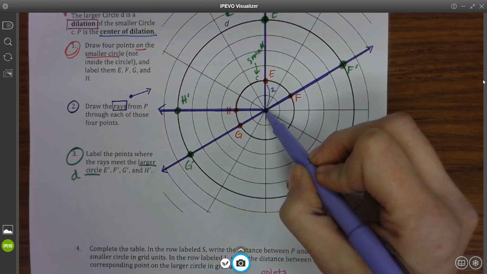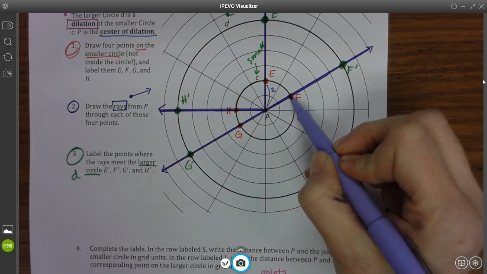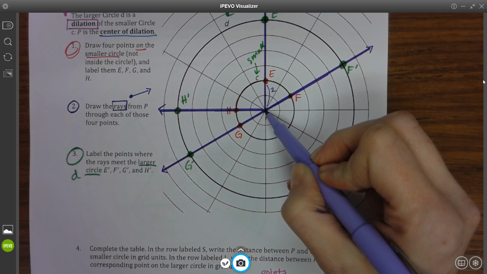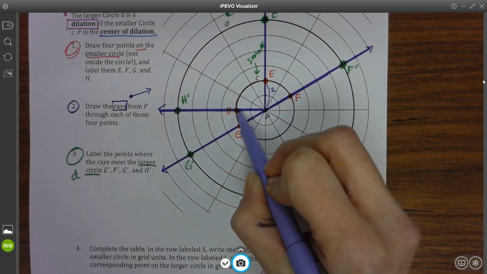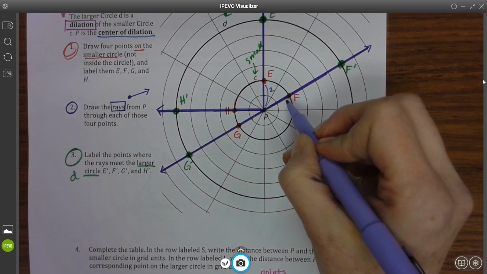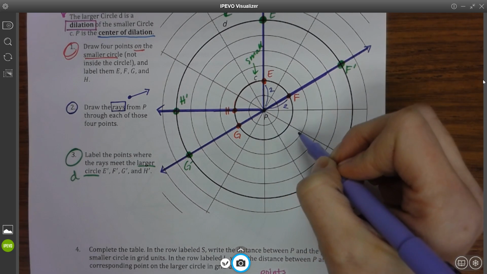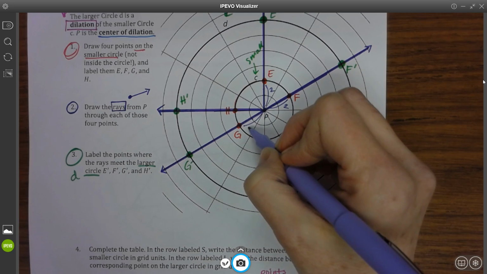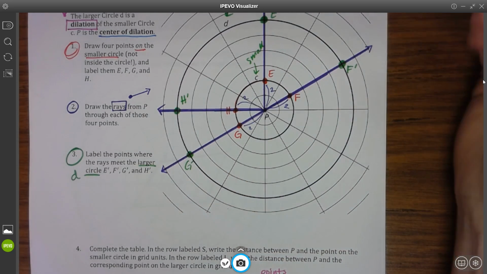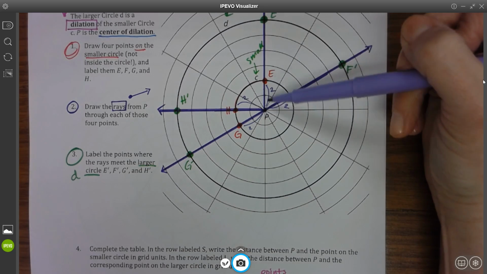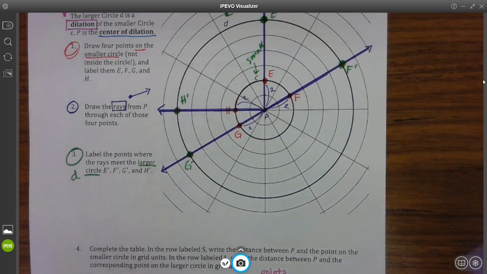From P to F, it's 1, 2. From P to G, it's 1, 2. And from P to H is 1, 2. That distance is 2. This distance is 2. That distance is also 2. So all of our distances from P to these points on the small circle are 2.